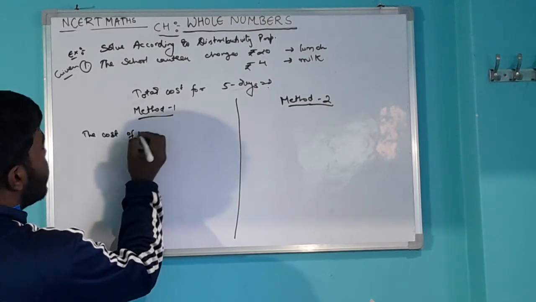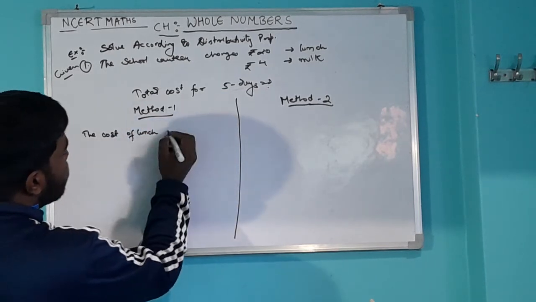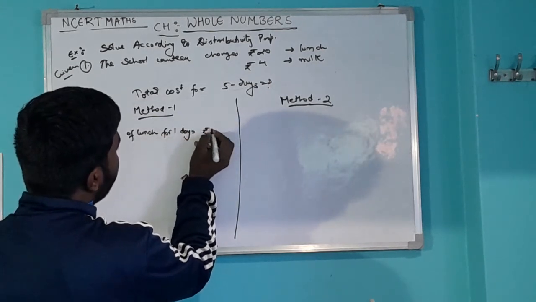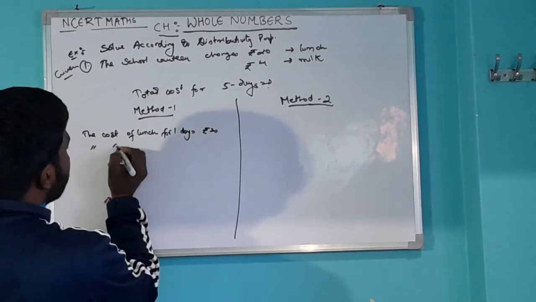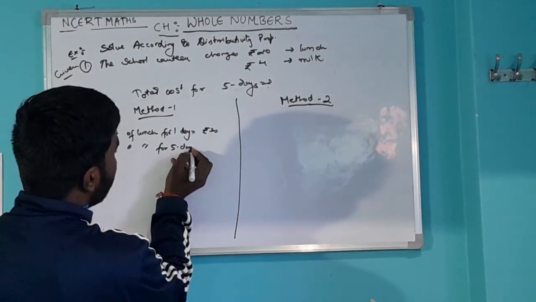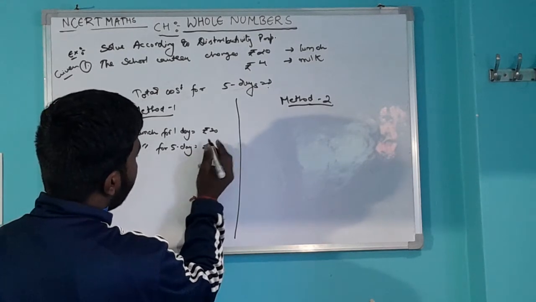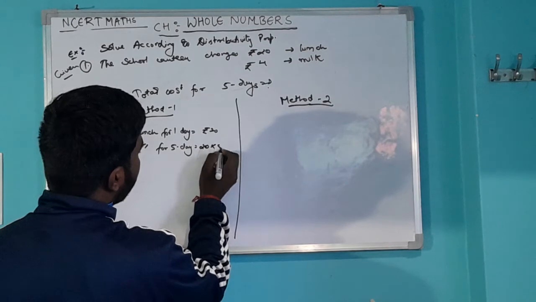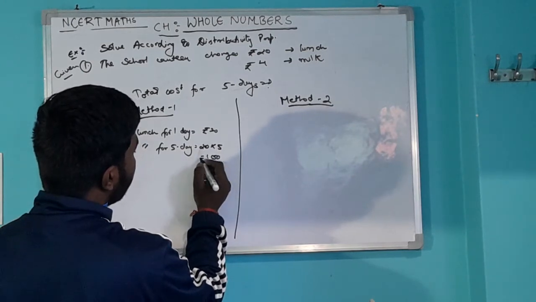The cost of lunch for 1 day is ₹20, and for 5 days we multiply our 1 day cost by 5, we get ₹100.